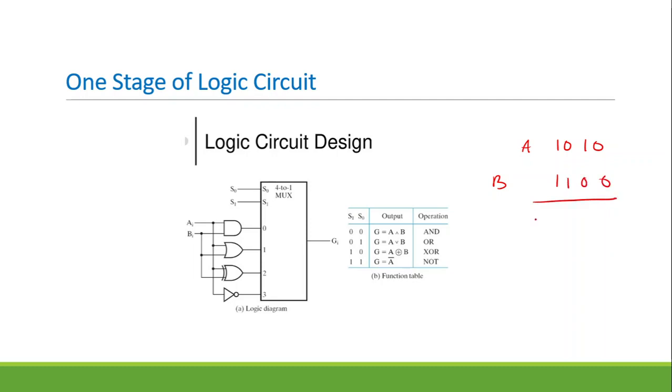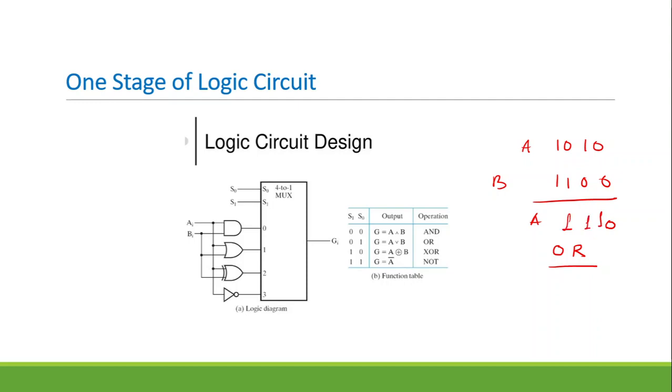So what is the content of A after this? If we do the logical OR operation, it will be 1, 1, 1, 0.